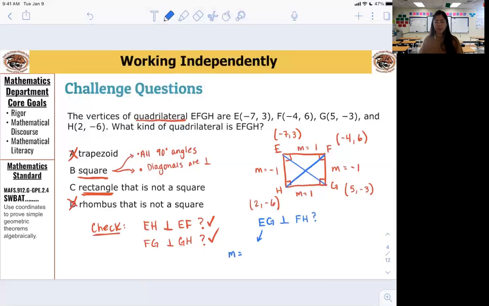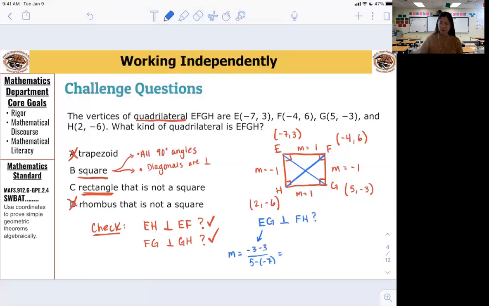What do I plug in for EG? Okay, so we're trying to find the slope, right? Okay, -3 minus 3 over 5 minus parentheses -7. 5 plus 7.